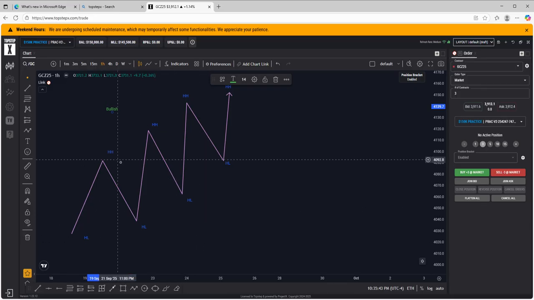Right, so we read the chart from left to right always, and as this chart looks, we'll just label what it looks like. This is a low point, a high point, a low point, a high point. So we literally say higher low, higher high, higher low, higher high, higher low, higher high.